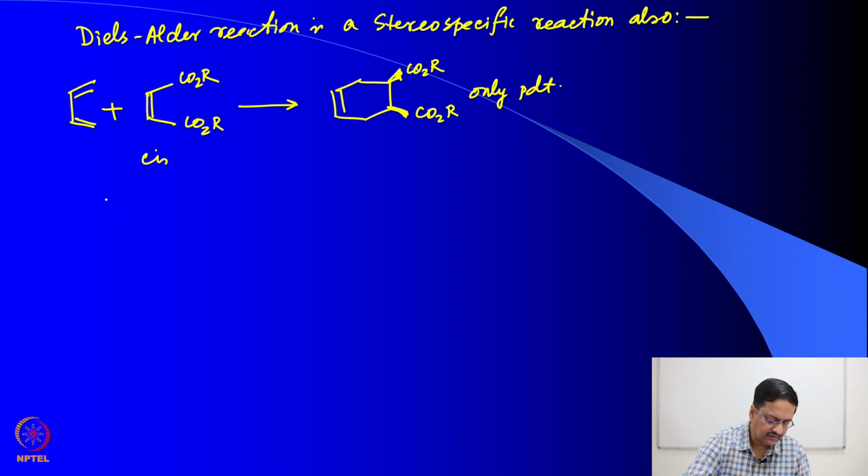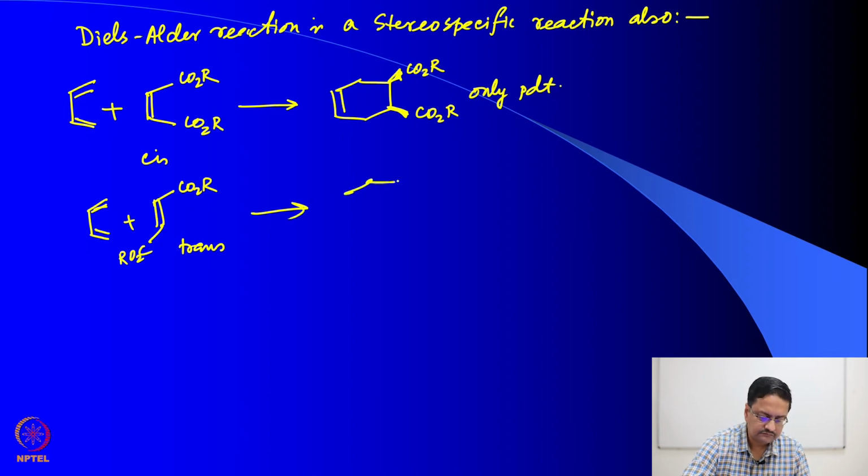If the same diene reacts with a trans dienophile, then we get the trans product only.